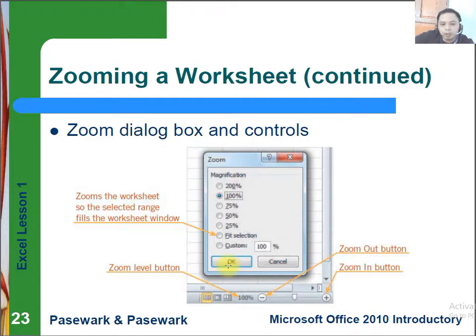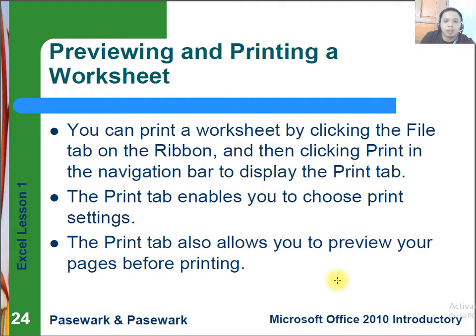Or you can also i-click yung zoom percentage, then pwede ka na pumili, or mano-mano dito sa custom. Kapag yung fit selection naman, ibig sabihin it zooms the worksheet so the selected range fills the worksheet window.